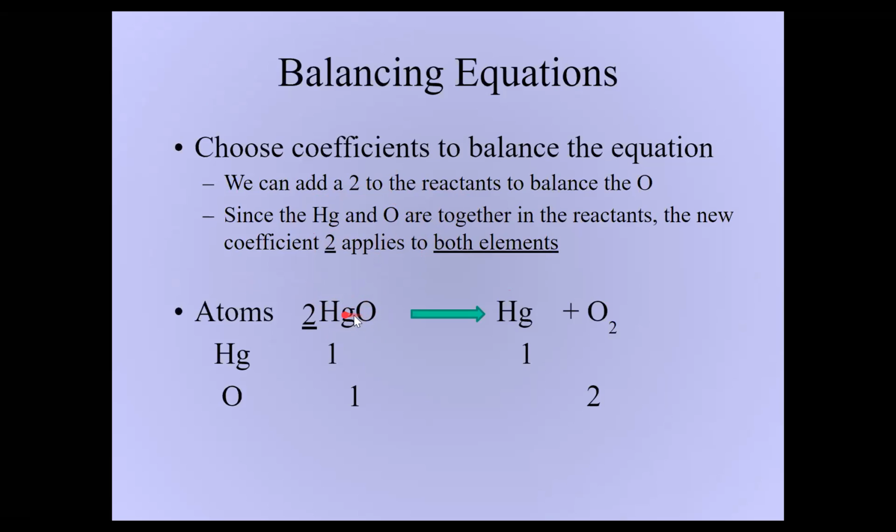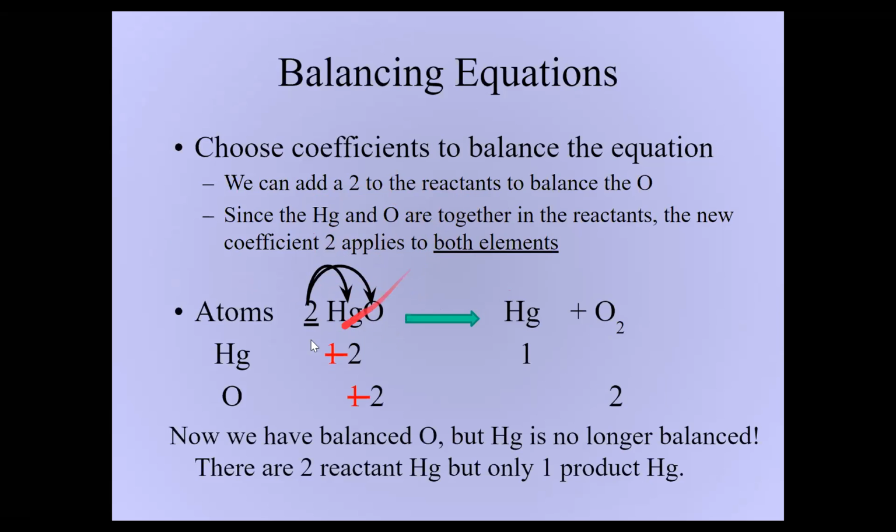These guys are glued together, essentially. When we put this 2 here, it applies to both elements in this chemical bond. So we end up with the 2 applying to the Hg as well as the O.